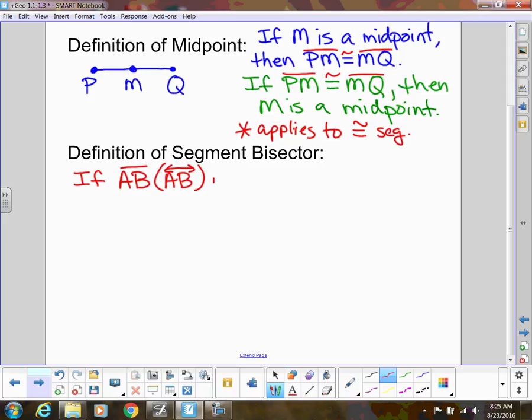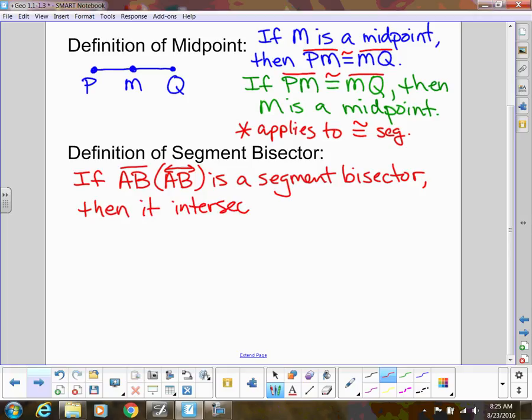If AB is a segment bisector, then it intersects PQ, so we're talking about a segment, whatever segment we're bisecting, it intersects PQ at its midpoint.